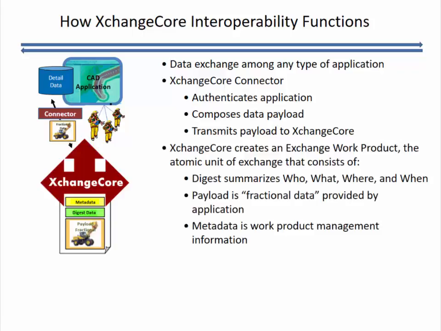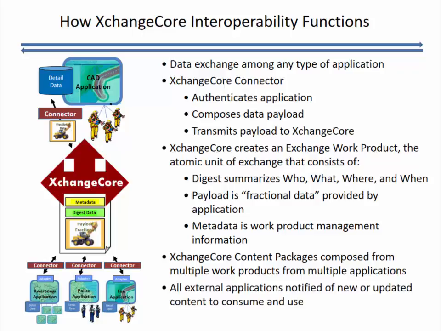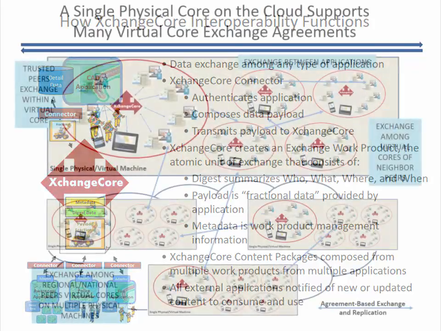XchangeCore creates what's called an Exchange work product, which is the atomic unit of Exchange, which consists of three parts: a digest that summarizes who, what, when, and where, the payload, and metadata. XchangeCore content packages are then composed around an incident from multiple different kinds of work products. All the external applications are notified of new or updated content for them to then use and consume.